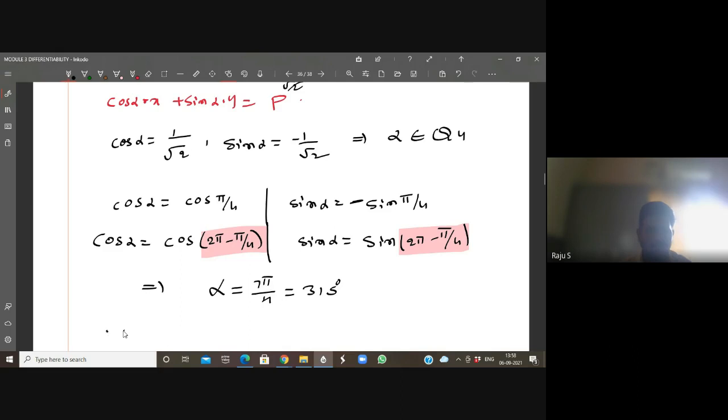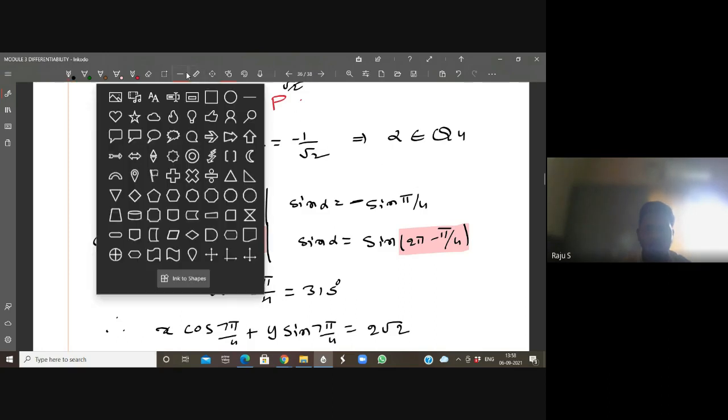So finally, the normal form is x cos alpha, where the alpha value is 7 pi by 4, plus y into sin alpha, that is also 7 pi by 4, is equal to p, which is 2 root 2. That's it.